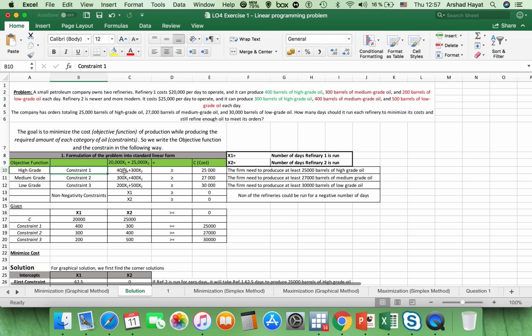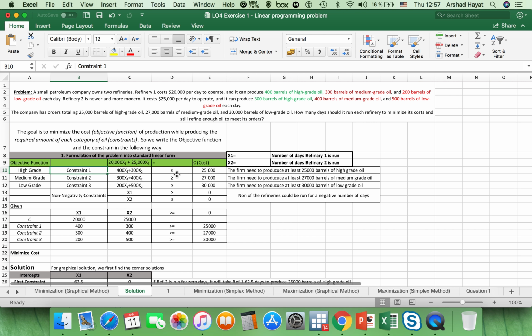So this is the number of days we run refinery 1, multiplied by the 400 barrels it produces each day, plus the number of days we run refinery 2, multiplied by the number of barrels of high grade oil that it produces.